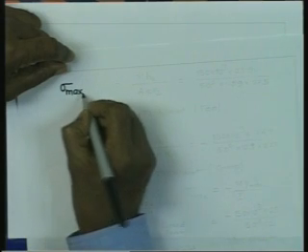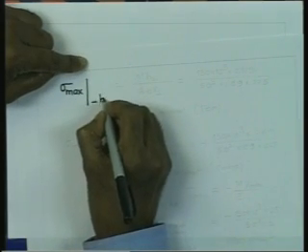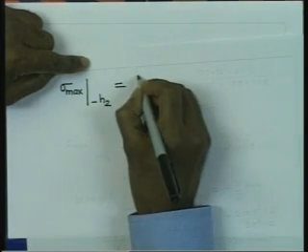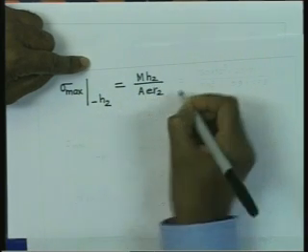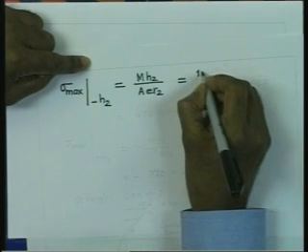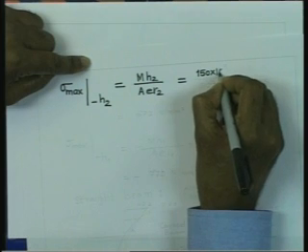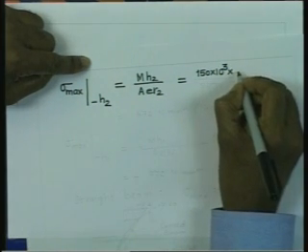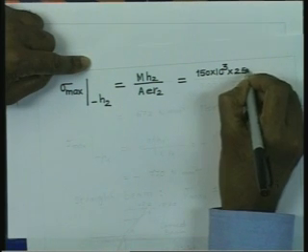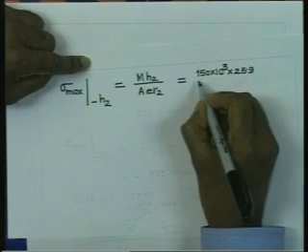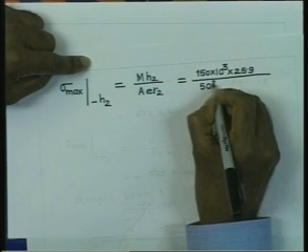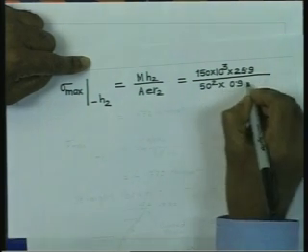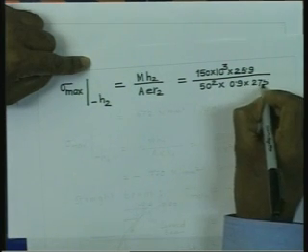So, you can write now the maximum stress at the bottom fiber, which is given by M h2 by A e r2, that is equal to 150 into 10 to the power 3, that is the bending moment, and this distance is 25.9, and cross sectional area is 50 square, eccentricity is 0.9, and the radius of curvature of the bottom fiber is 275.